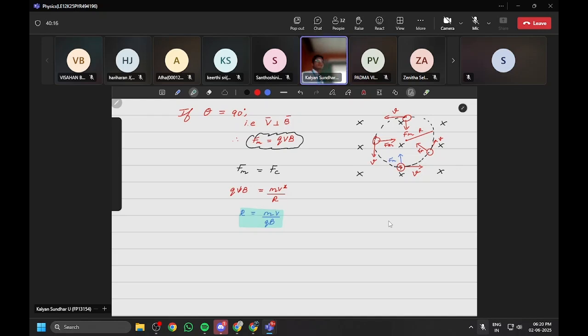So this is the radius of this circle. It depends upon the mass and the q by m ratio. Here m by q is inverted. So whenever the value of the charge is smaller, the radius will be increasing more.